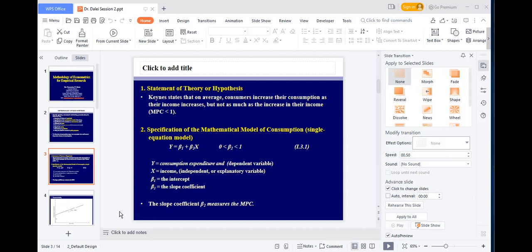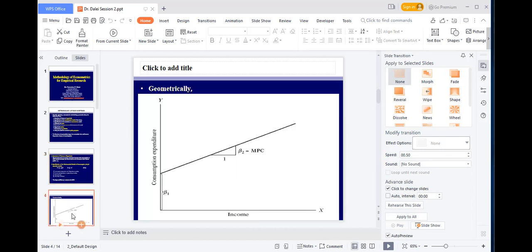Here, what is m? m is your slope, the slope of the straight line, and that slope m is nothing but beta 2 here, the coefficient of the x variable. And what is your beta 1? Here c is the constant, the intercept. So beta 1 is the intercept.